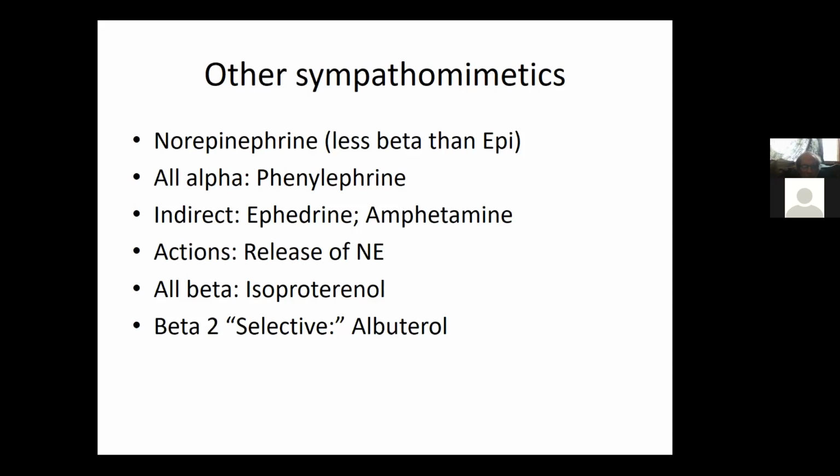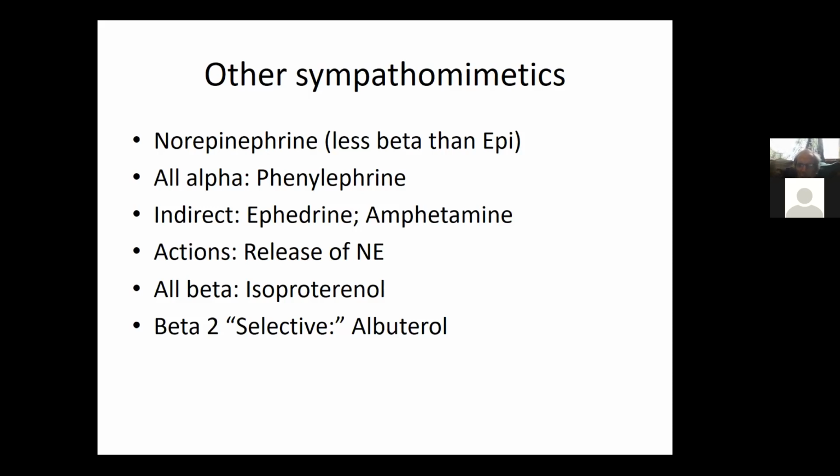Are there agents which are all beta, or pretty much all beta in terms of their pharmacology? And of course, the answer is absolutely there are. And the classical prototype in this realm is isoproterenol. And isoproterenol is non-specific.